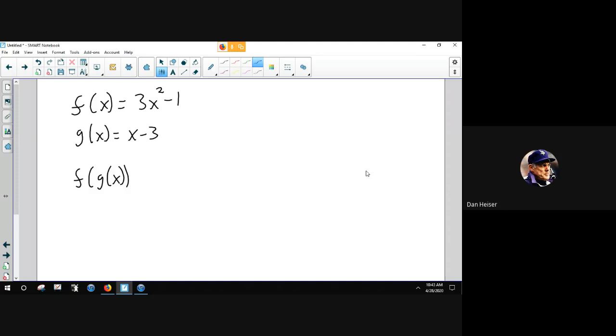Okay, now it's time for the big important part of composition. Calculating values is fine, but that requires a lot of steps. The goal of composition is to find one function that takes you from the beginning straight to the end.